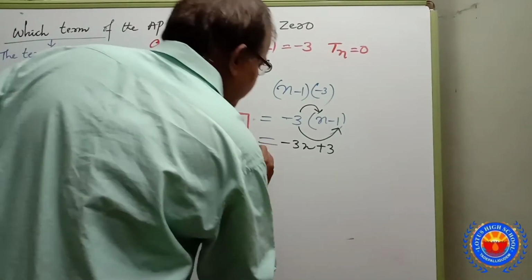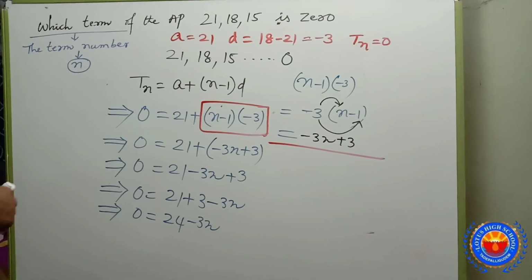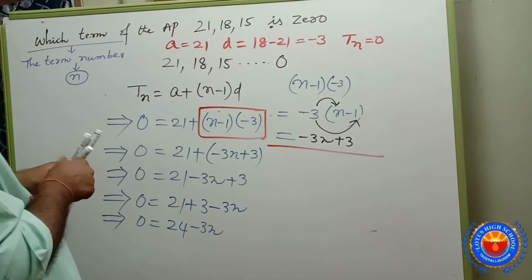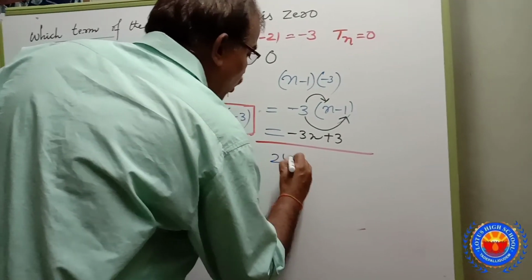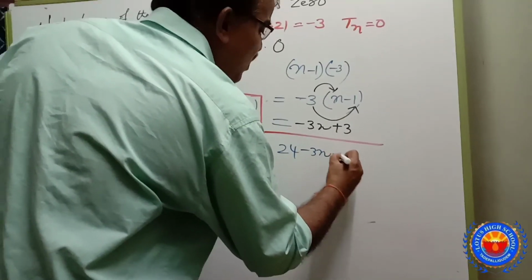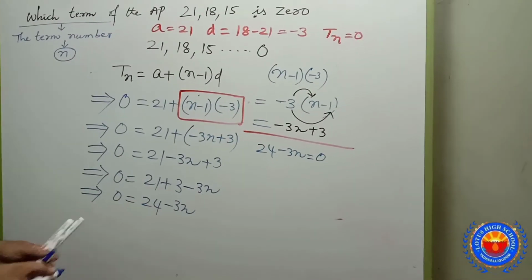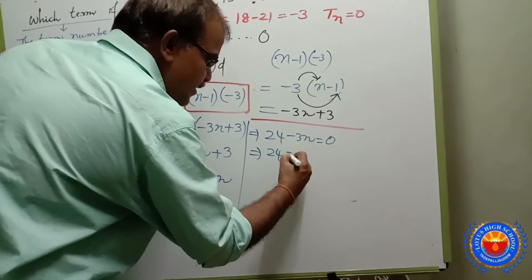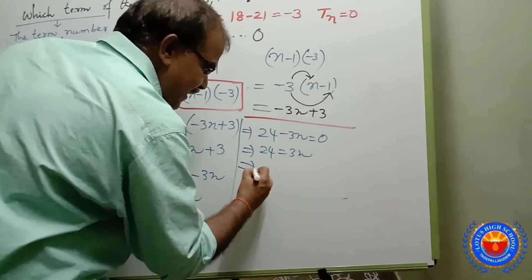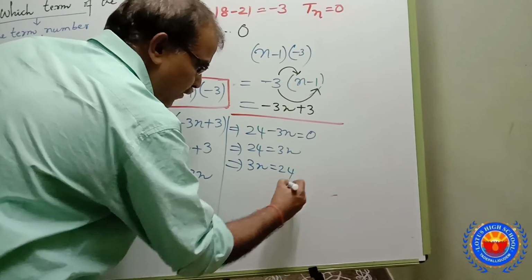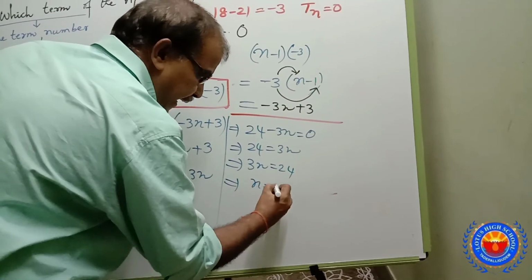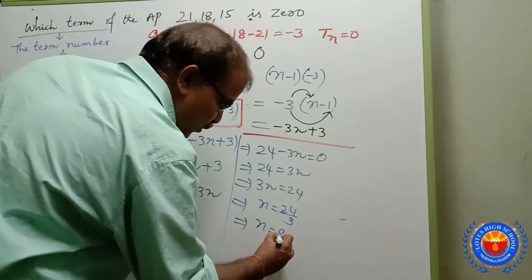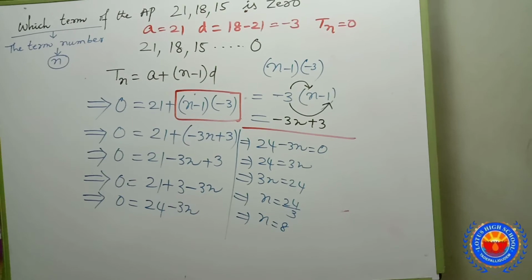Now here, just once again I'll write it: 24 minus 3n is equal to 0. That is nothing but 24 is equal to 3n. That is nothing but 3n is equal to 24. That is nothing but n is equal to 24 by 3. That is nothing but n is equal to 8. N is equal to 8.